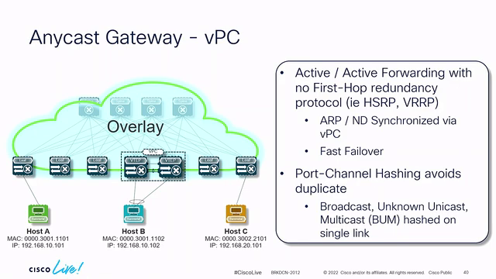And also the port channel hashing from the host itself to any of the links basically mitigates duplication of those ARP requests, so you are protected there as well. So this is how the hosts are interacting with the leaf in the host segment, basically access segment, and how they interact with VPC as well.